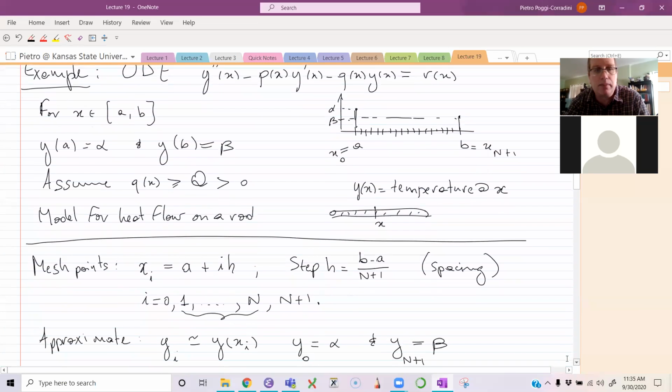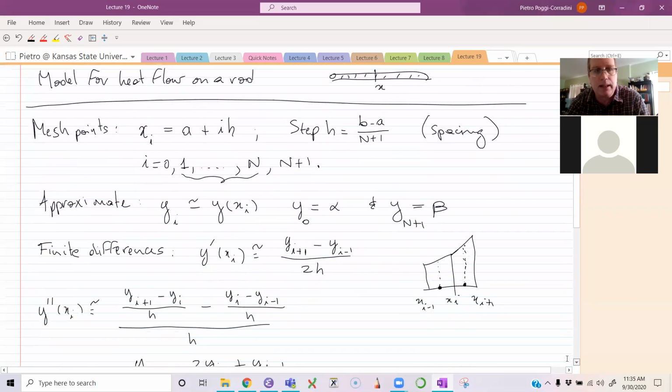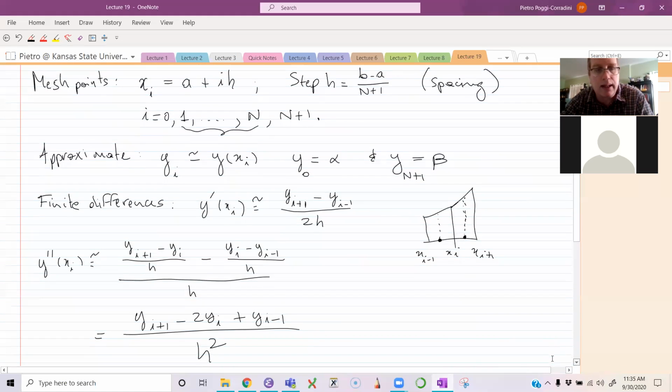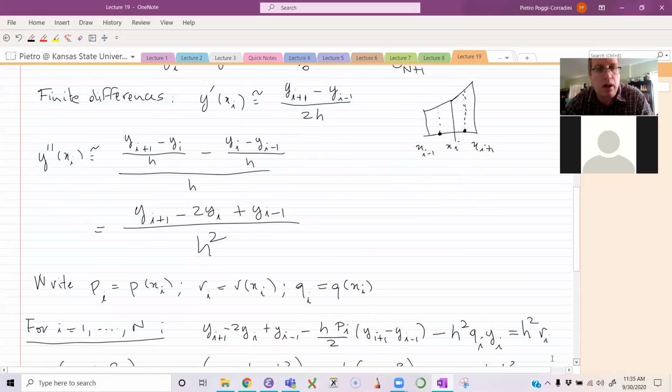The idea is that we're going to approximate the solution at those points xi by a value yi. y0 and yn plus 1 are fixed. The derivatives are going to be approximated using difference quotients. We did the first and the second derivative, and we put it all together.